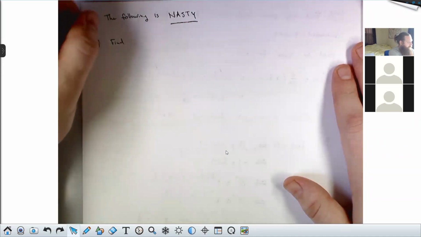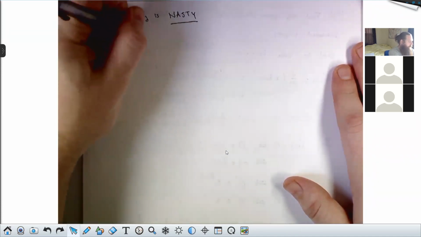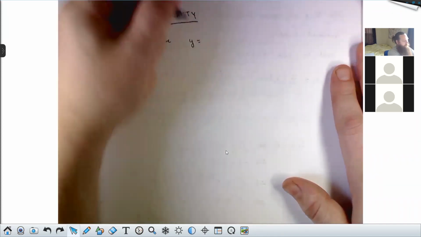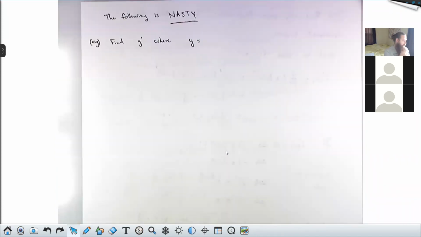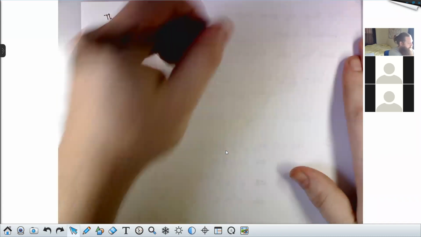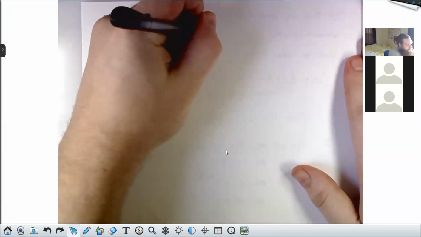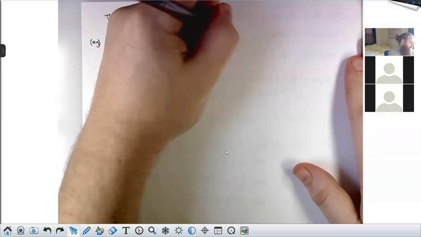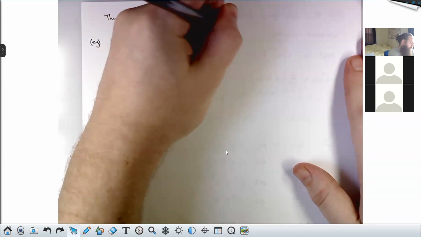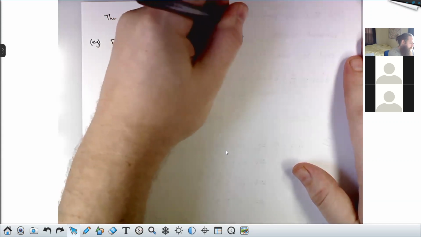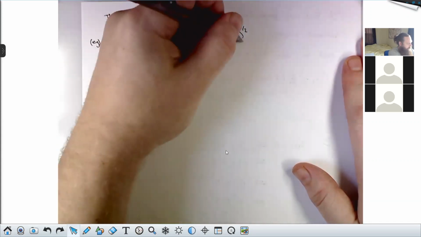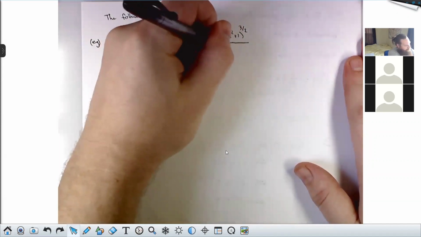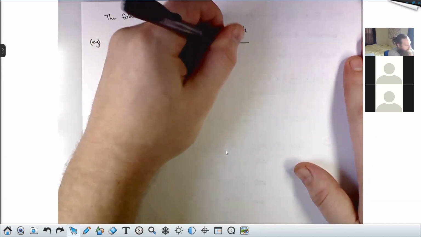Example, find y prime where y is equal to, let's make our day pretty bad here, how about x times e to the x times x squared plus 1 to the 3/2 all divided by the square root of 1 minus 2x.